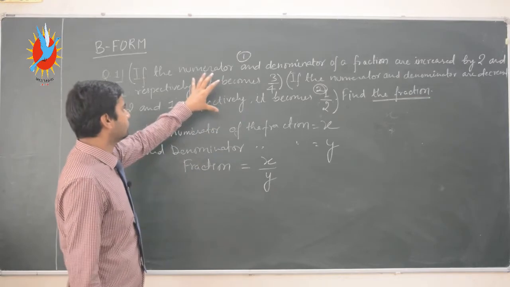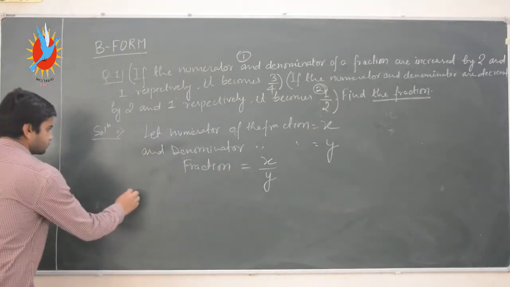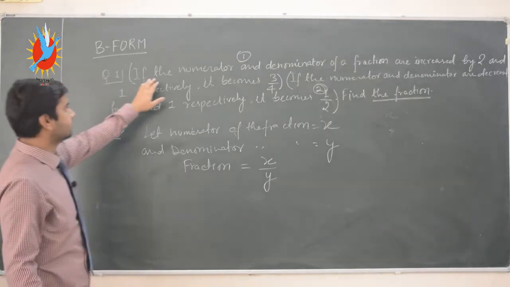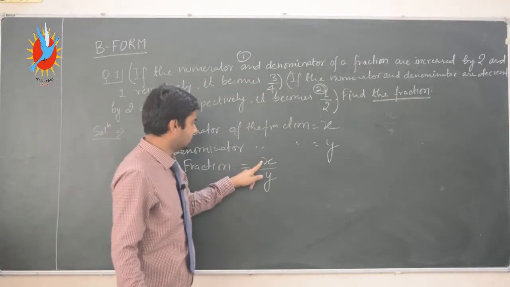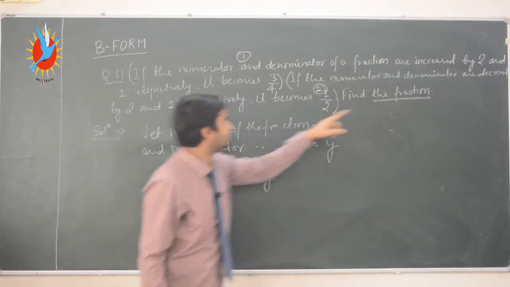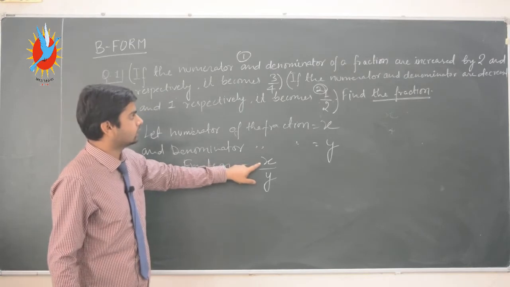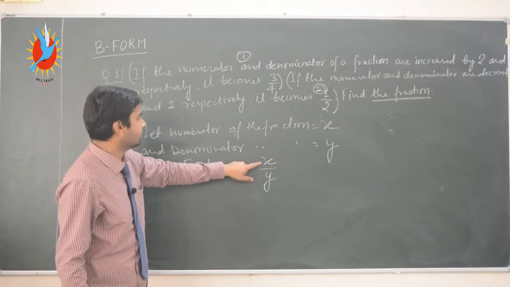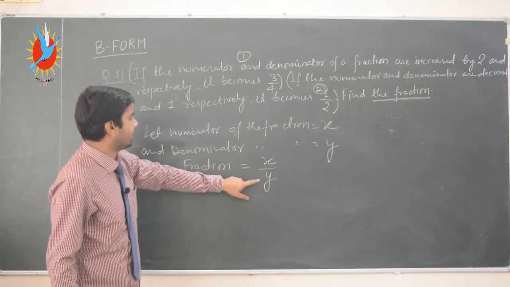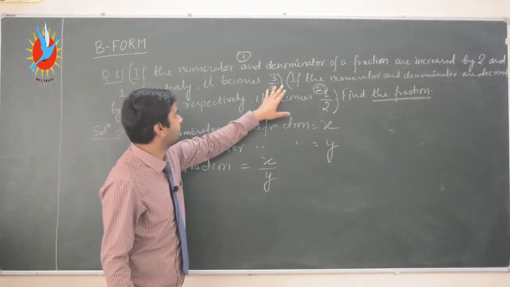We are going to translate condition 1 into an algebraic equation. Condition 1 is: if the numerator and denominator of a fraction are increased by 2 and 1 respectively, the fraction becomes 3 by 4.